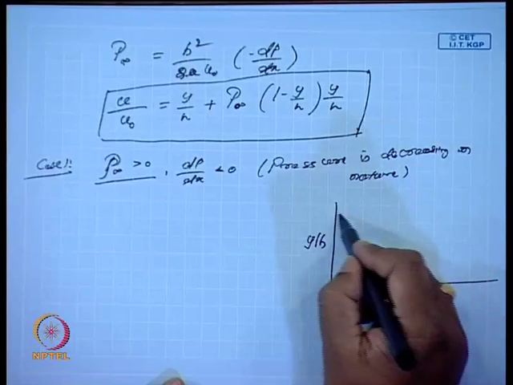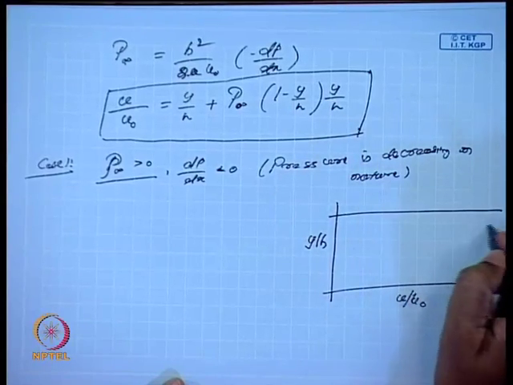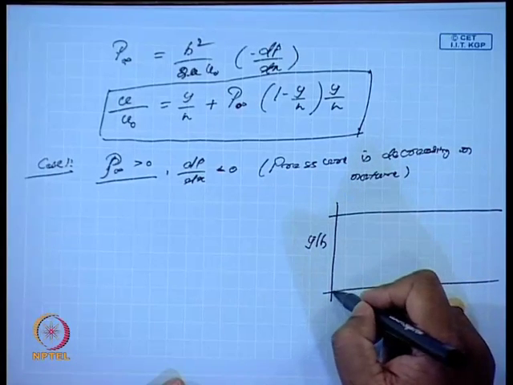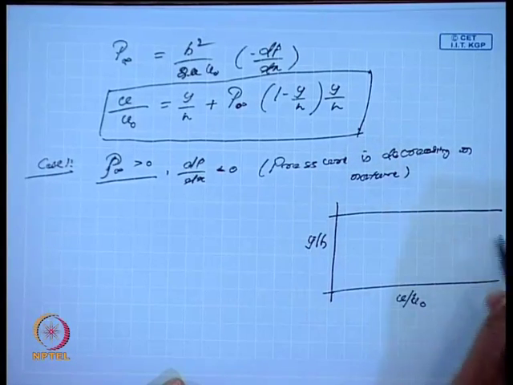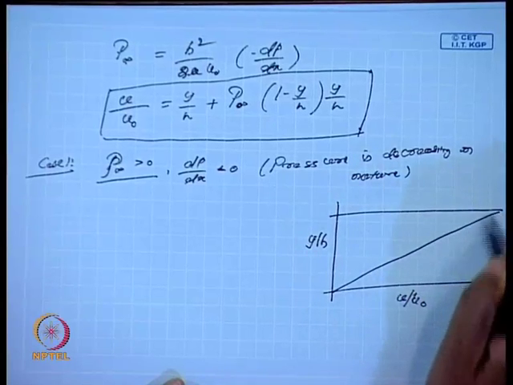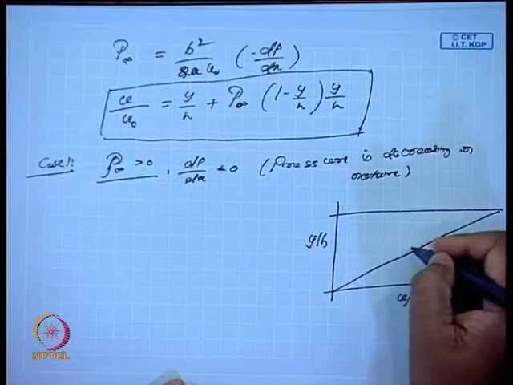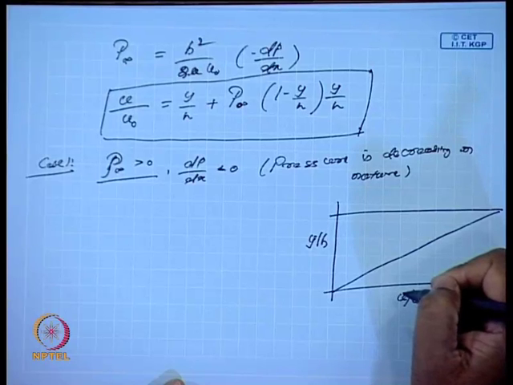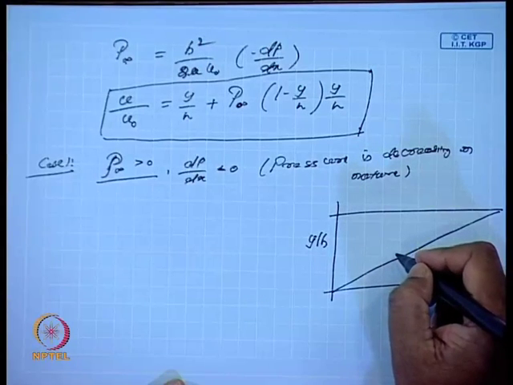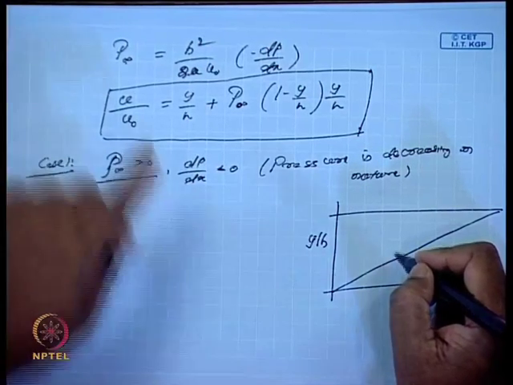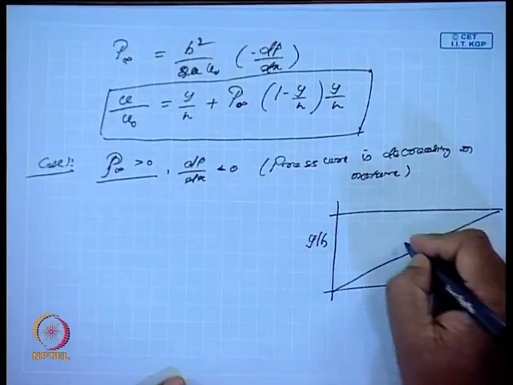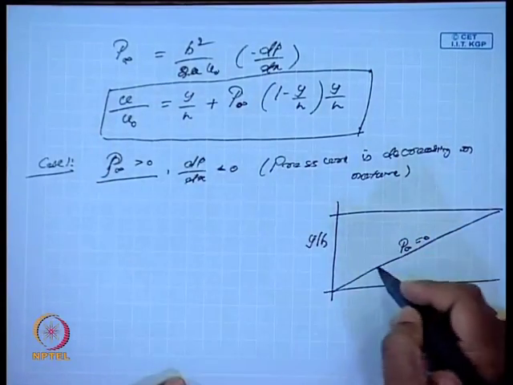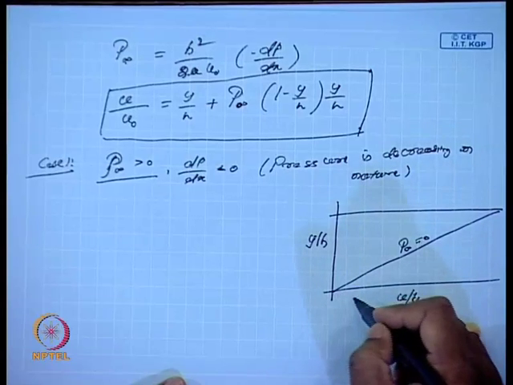In fact, you will see, p infinity is 0. If p infinity is 0, then u by u naught is y by h, as we have seen in the previous case.